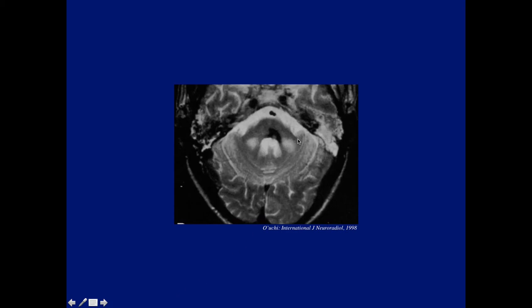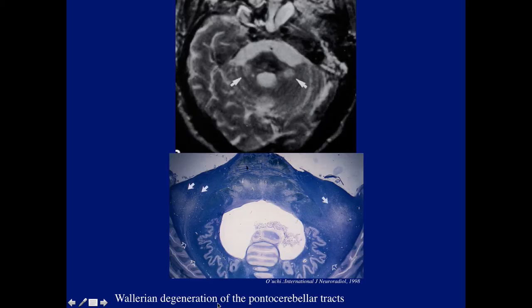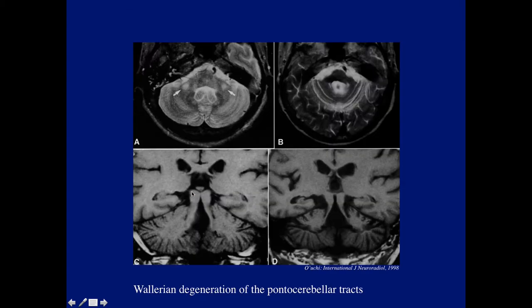This is unusual involvement of both middle cerebellar peduncles, and this was a case of Wallerian degeneration, and you can see it here on the MR, and here it is on this histologic specimen, and you can see why we have that as it relates to the severe bilateral cerebellar cortical atrophy manifested also in the degeneration of the fiber tracts going to the middle cerebellar peduncle.